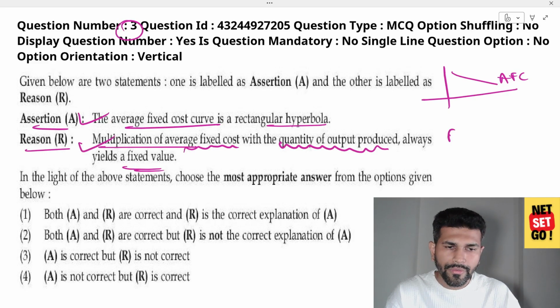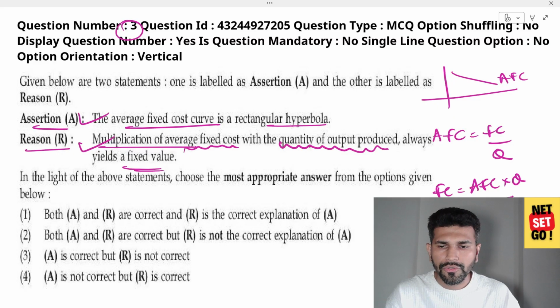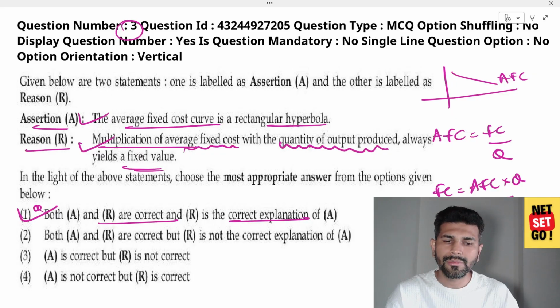The formula of average fixed cost is fixed cost divided by quantity, or fixed cost equals average fixed cost multiplied by quantity. So assertion and reason both are correct, and the reason is the correct explanation of the assertion. Option 1 is the correct answer.